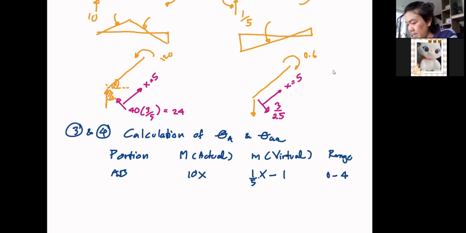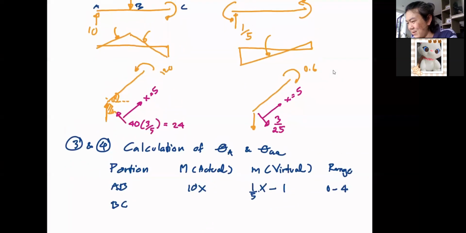So now portion BC, and okay, portion BC is now this portion, and like I always do, I want to maintain only one equation that I can use for the virtual case, which is here, because you all know that you're going to have to do another integration for the small m multiplied by small m.